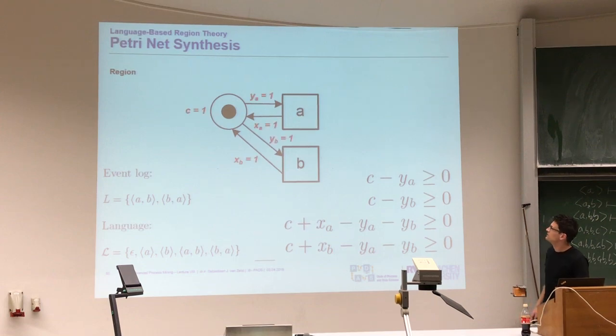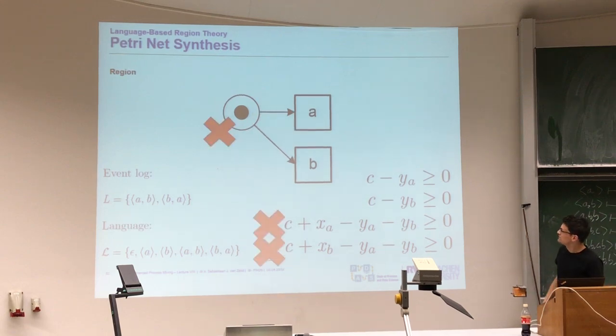In this case, the flower place for these two activities, because everything is 1, you will always have 1 minus 1, 0, 1 minus 1, 0, 1 plus 1 minus 1 minus 1, 0, 1 plus 1 minus 1 minus 0, so it's also fine.